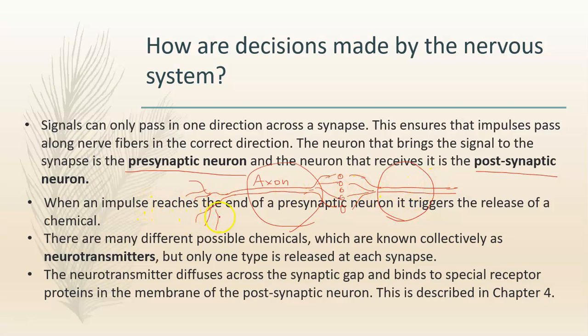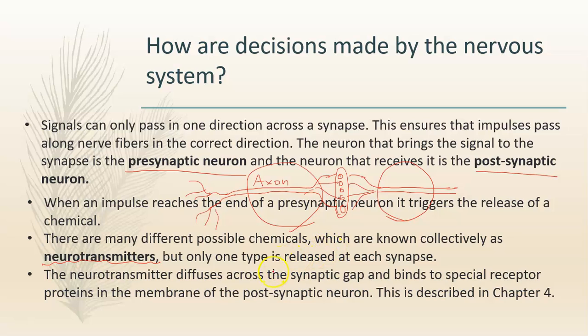When an impulse reaches the end of the presynaptic neuron, it triggers the release of a chemical. There are many different possible chemicals, known collectively as neurotransmitters, but only one type is released at each synapse. It depends on the type of the neurotransmitter.